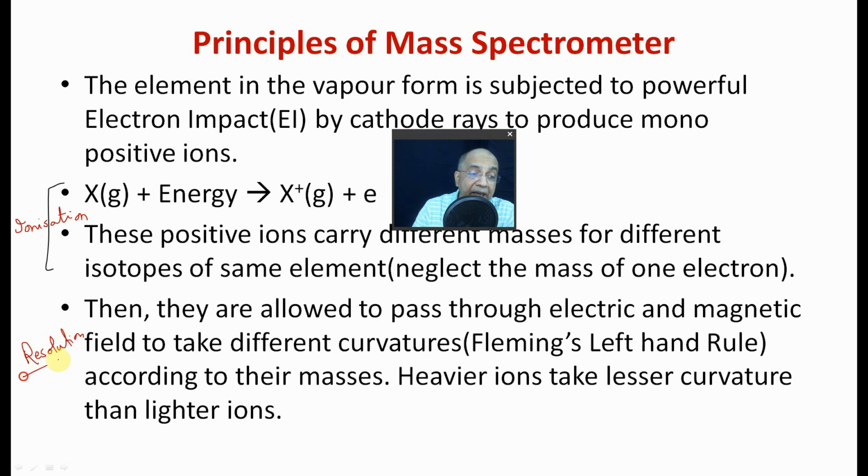How to separate them into more than one channel or stream? It is like this. They are allowed to pass through electric and magnetic fields to take different curvatures. Whenever there is a moving charge, an electron is a charged particle, and the movement of electrons constitutes the passage of a charge.